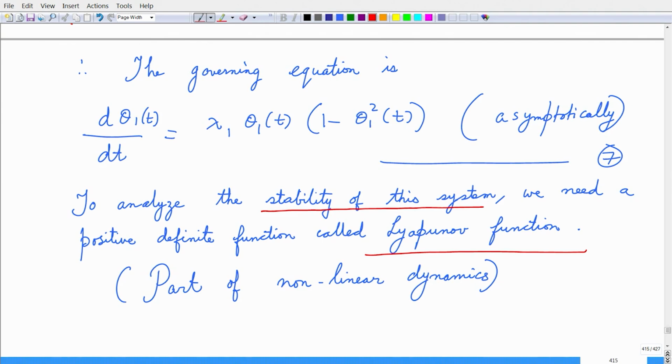But this is a nonlinear system, and the stability analysis of nonlinear systems is not straightforward, for which you require something called Lyapunov functions. I will briefly use a particular Lyapunov function for this analysis, touching upon some details, but a formal treatment of Lyapunov functions is part of a separate graduate level nonlinear dynamics course. We need a Lyapunov function, and that is a positive definite function.